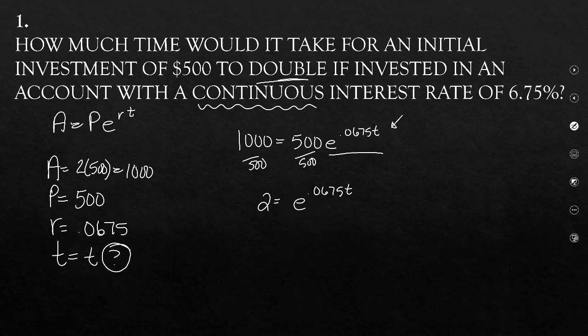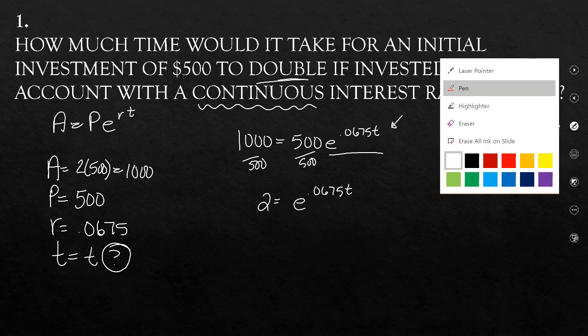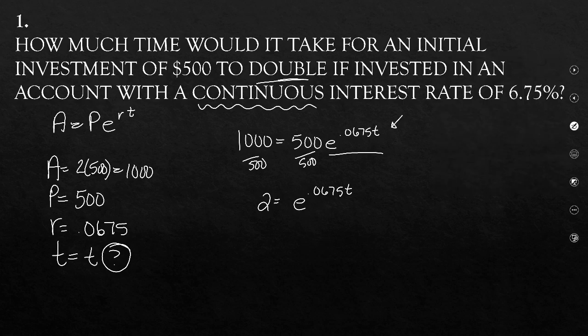In order to undo base e, remember that log base e, or the natural log, will undo this. So I can take the natural log of both sides of the equation and it will undo e to the power of all of that stuff. This leaves us with the natural log of 2 on the left-hand side equaling our exponent, 0.0675t. What I would like you to do is put it all in the calculator at one time.